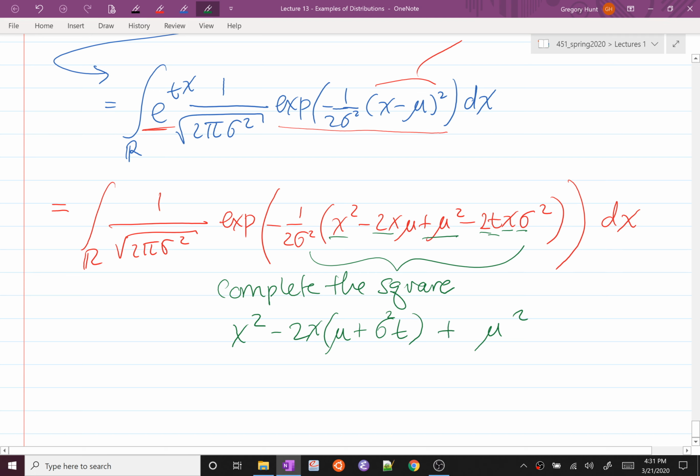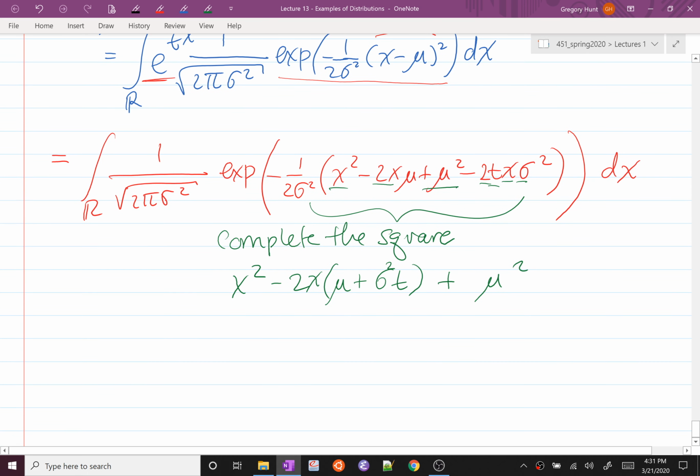So that's what my square is, just rewritten out. And I'm going to try and complete the square, try to write this in a nice way. And we can show, through a little completing the square exercise, that what I really want to do is write this as x minus mu plus sigma squared t.